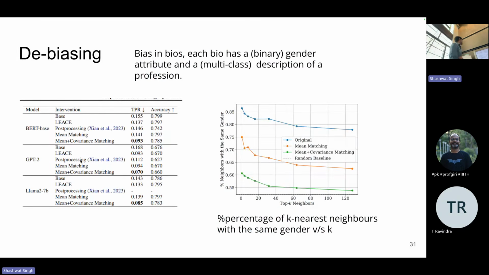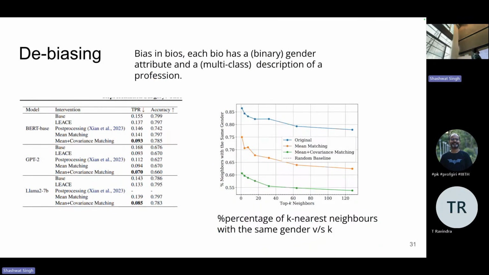These are the results for debiasing. The data set here is called Bias in Bios, where you have a bunch of descriptions of what people do, and you have labels for what they actually do, which is multi-class, and you have labels for what gender they belong to. The idea here is that we will make everything male or make everything female, assuming binary gender. And we will then check how different the classifier is.